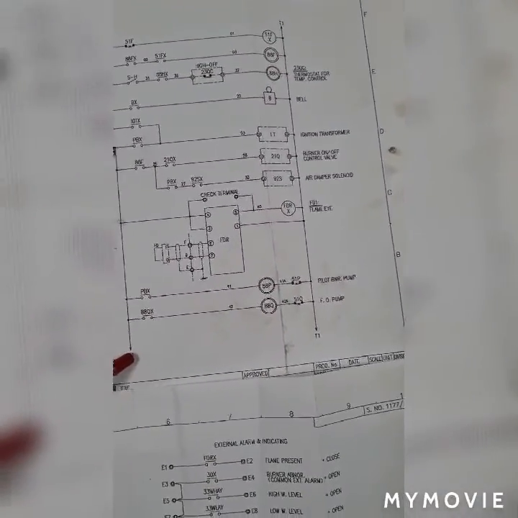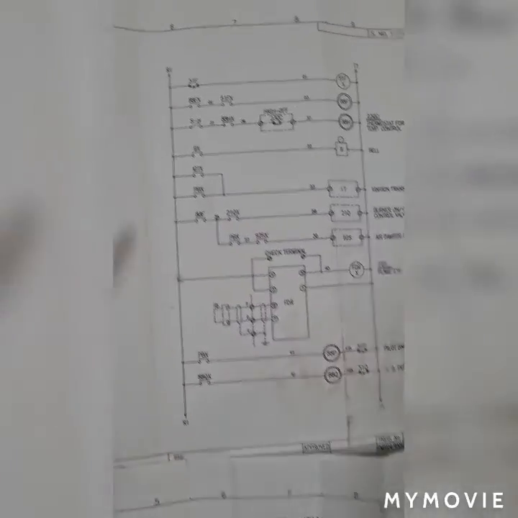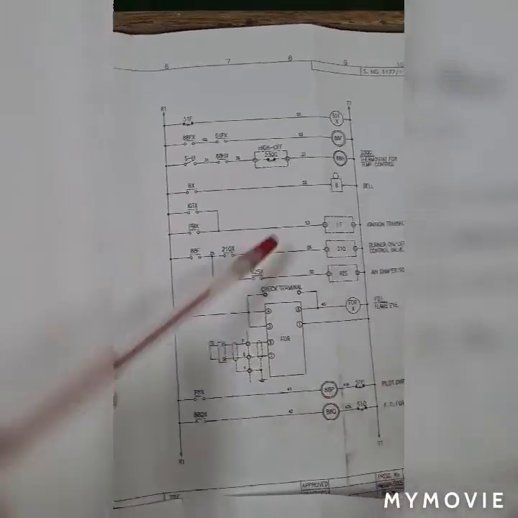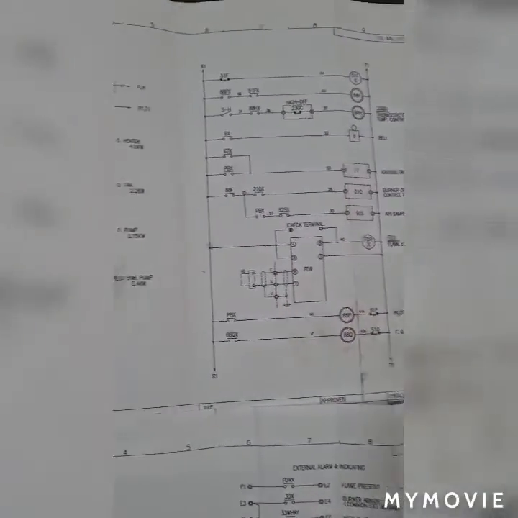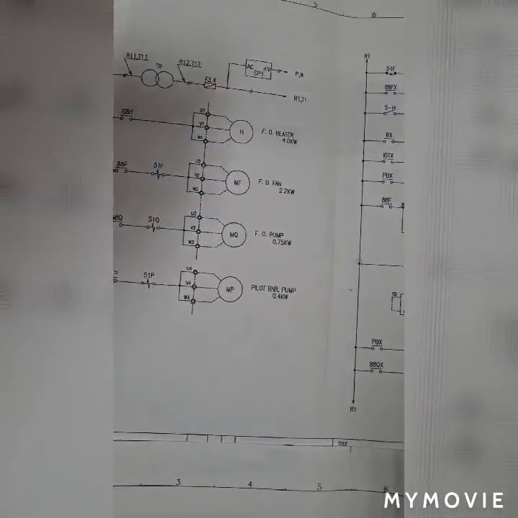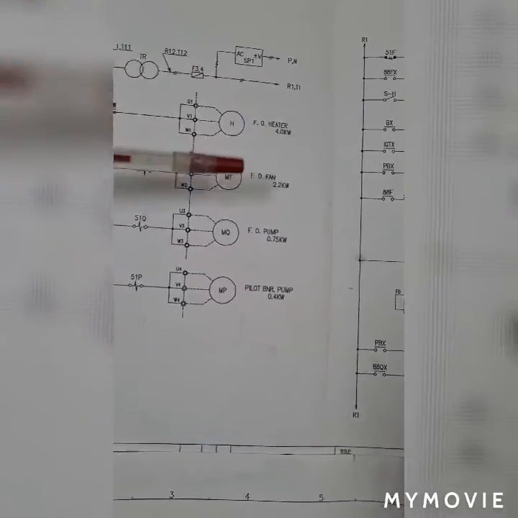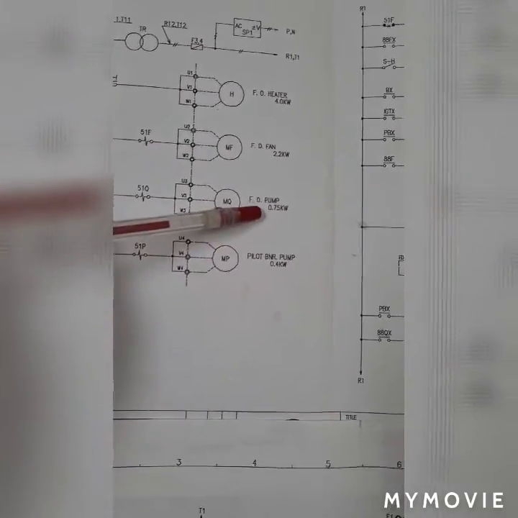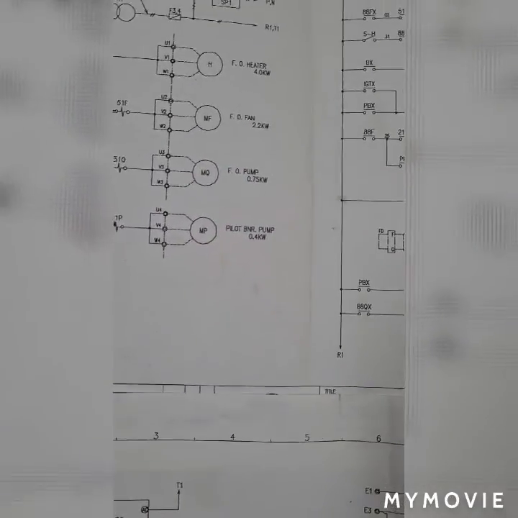This R1 and T1 is a supply from this transformer having 100 volts. Here you will see the fuel heater, the force draft fan, the fuel oil pump, the pilot burner pump.